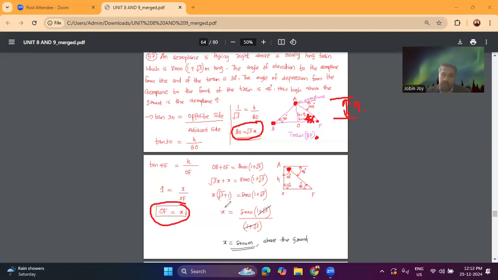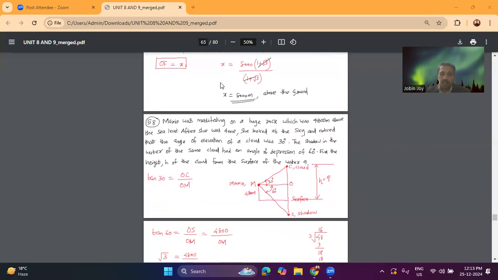Then I will take x common: x into (1 plus root 3) is equal to 8,000 into (1 plus root 3). So x is equal to 8,000 into (1 plus root 3) divided by (1 plus root 3). The (1 plus root 3) terms cancel, so x is equal to 8,000 meter. That means the aeroplane is at a distance of 8,000 meter above the ground.